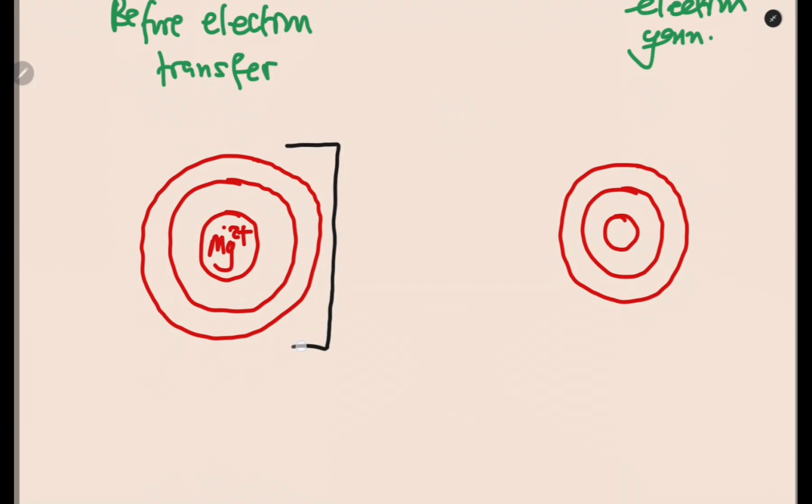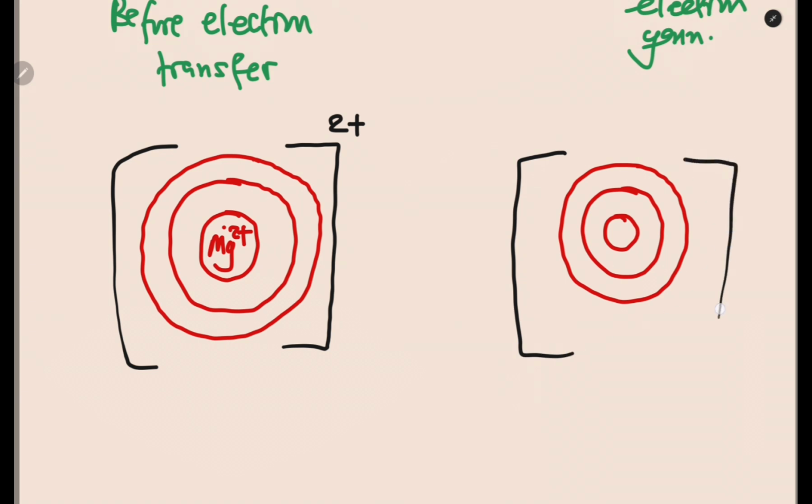Now how is it going to become? So this one, you put them in brackets like this. This one loses 2 electrons, so it becomes +2. This one is going to gain the 2, so it becomes negative. So inside I can just put the electrons. I'll use crosses for this first one.